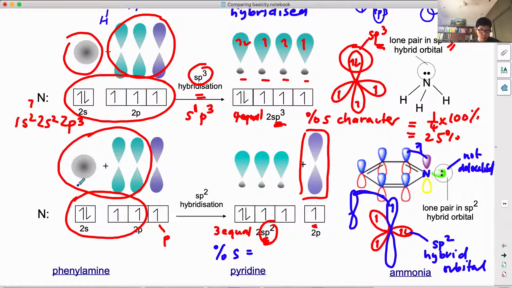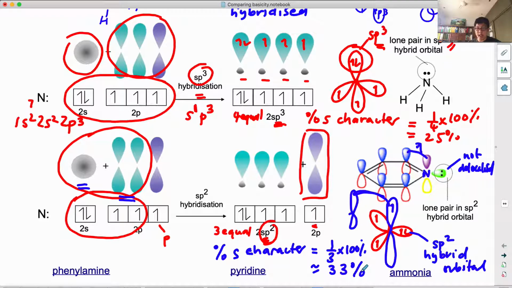You're using 1s and 2p. So the percent s character for sp2 is 1 out of 3 times 100%, so it's approximately 33%. This is a very important concept now, so pay attention.